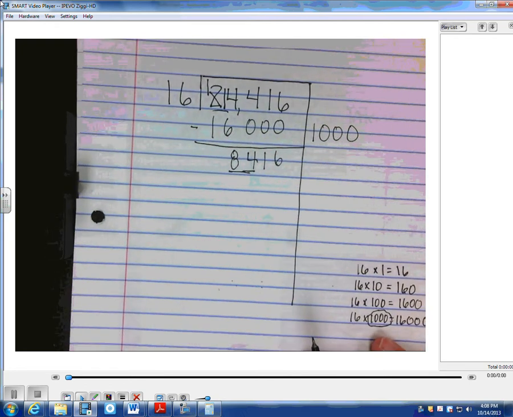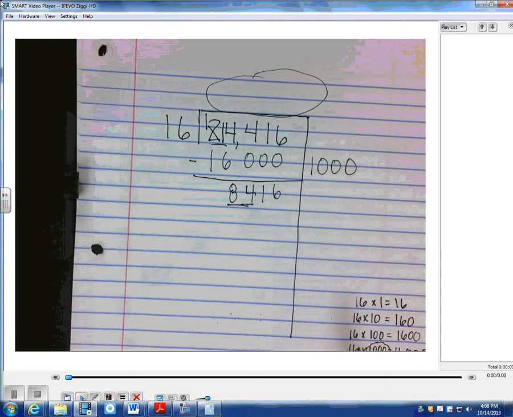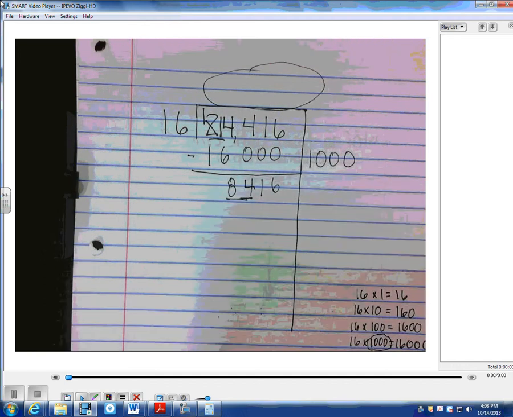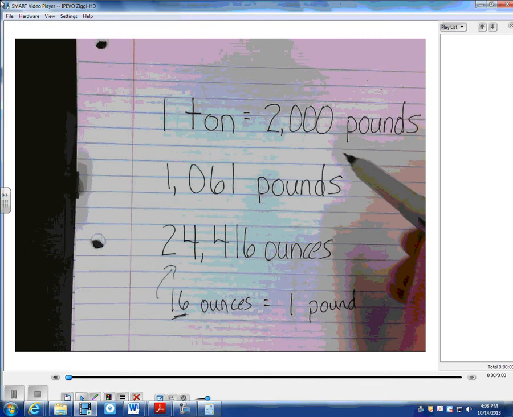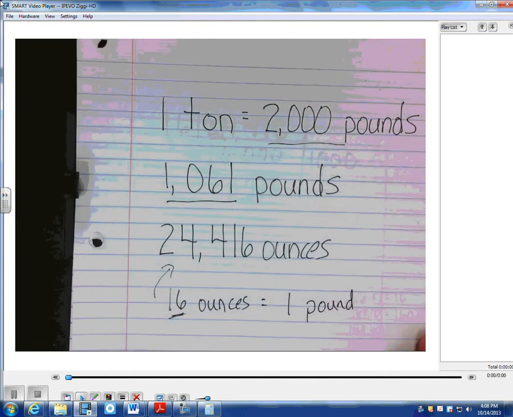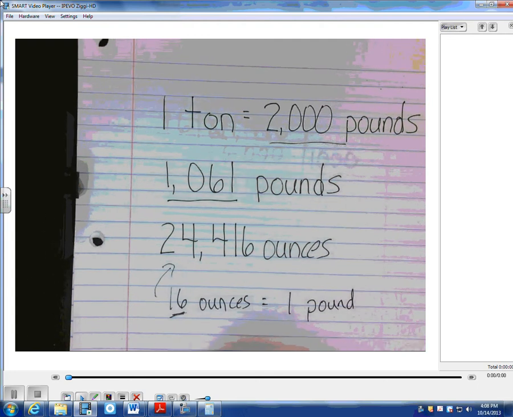Then, once you get this answer, you need to go back and compare it to these two, the 2,000 pounds and the 1,061 pounds. Then you need to put them in order from least to greatest, from smallest to biggest.